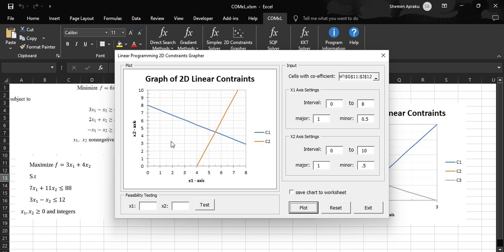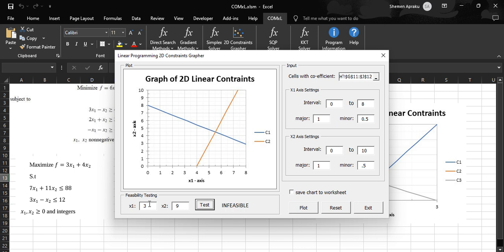So I want my visible region. So I pick points in the regions to test. If I come to this region, I'll use point 1, 1. It says feasible. So this is our feasible region. If I come here, I will say 3, 9, that would be this point in this region. So 3 for x1, 9 for x2.